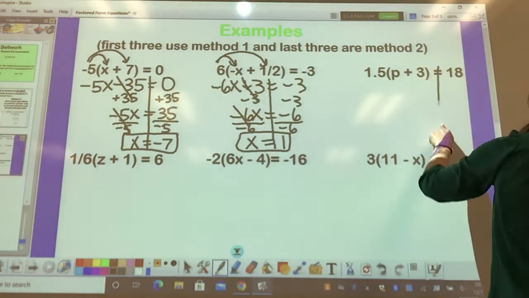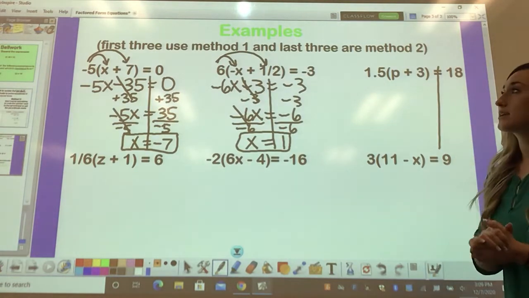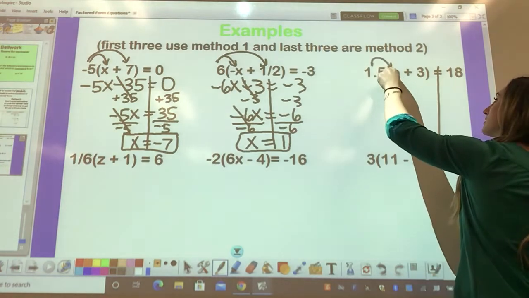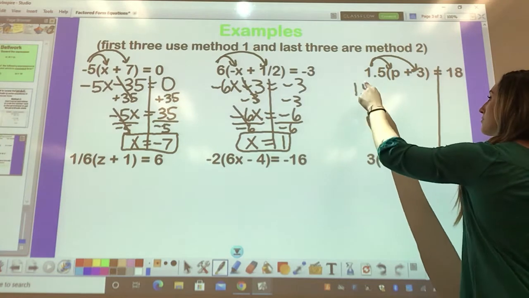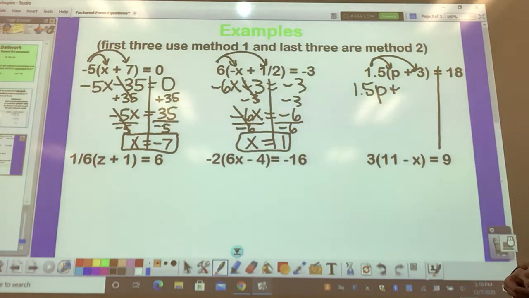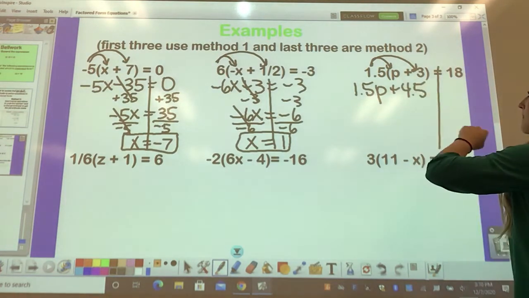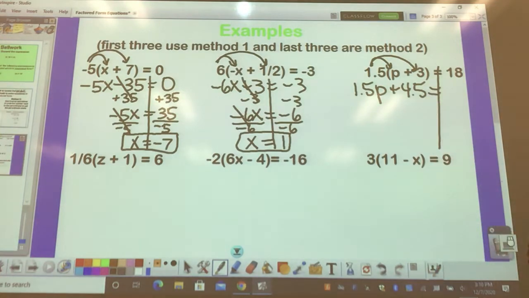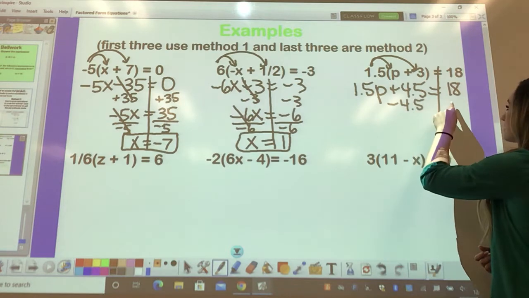All right, and then lastly, let's do this last one. Again, using method 1, I'm going to distribute this 1.5 into each term. This becomes 1.5p plus 1.5 times 3 is 4.5. And that equals 18 still. Subtract 4.5 on both sides.